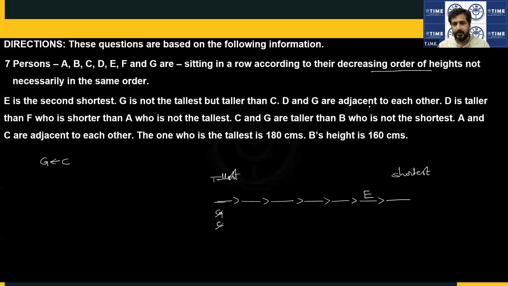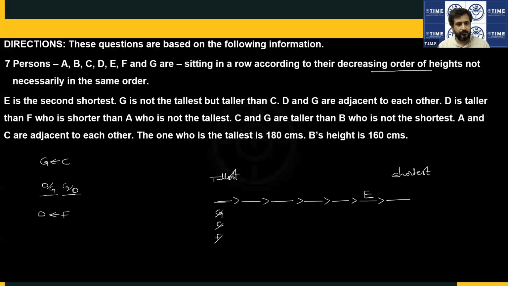What is next? D and G are adjacent to each other. So D or G, G or D, they must sit in 2 consecutive places. D is taller than F. When D is taller than F, I can conclude that F cannot be the tallest.